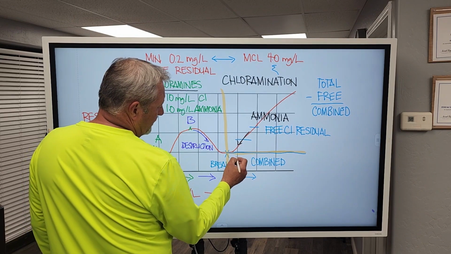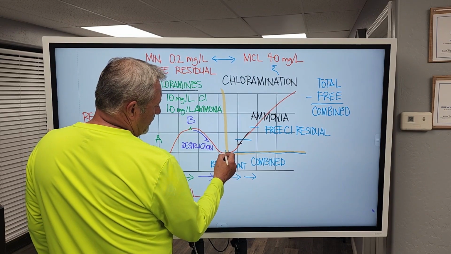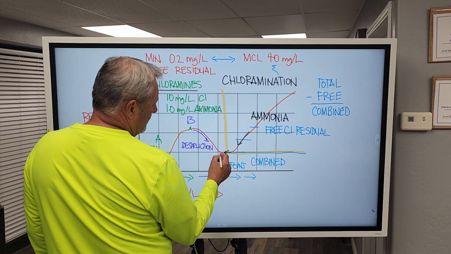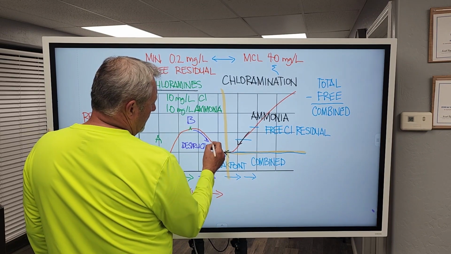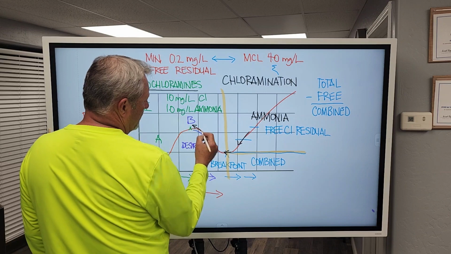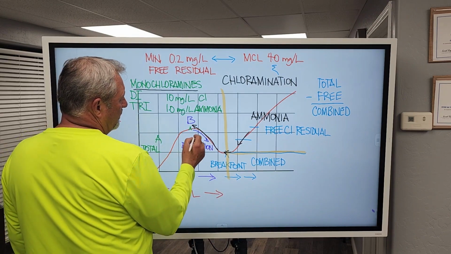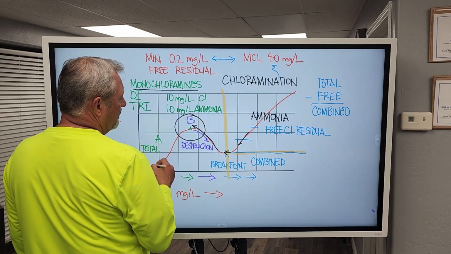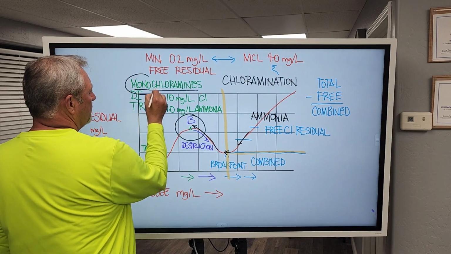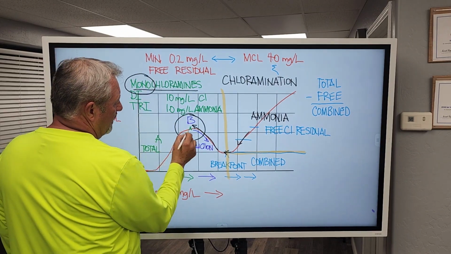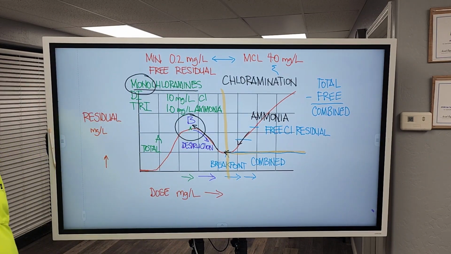You're reducing your free chlorine, you eliminate free chlorine, and then you come up to this point. You want to be right in this area, predominantly with monochloramines, and this is where you want to maintain that level of total chlorine residual.